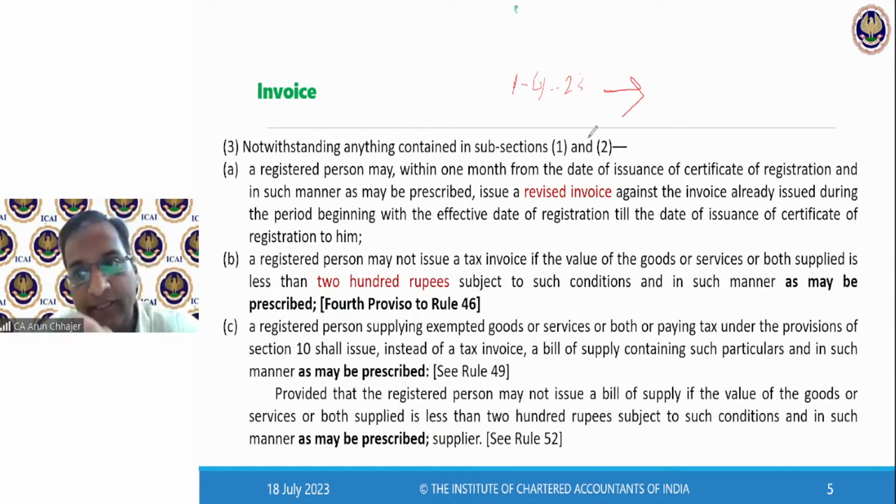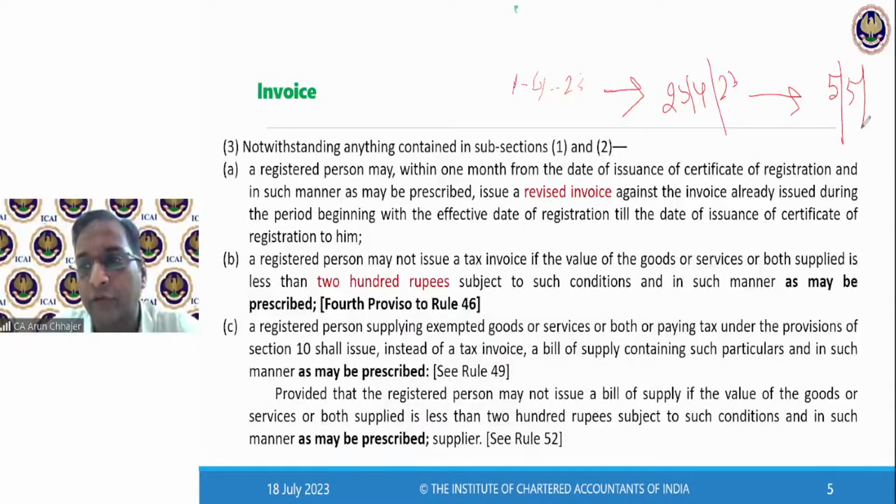What is the time limit to take the registration? 30 days. So I applied on 25th April 2023, and the certificate of registration was granted on 5th May 2023.